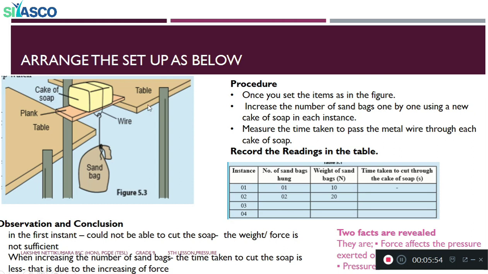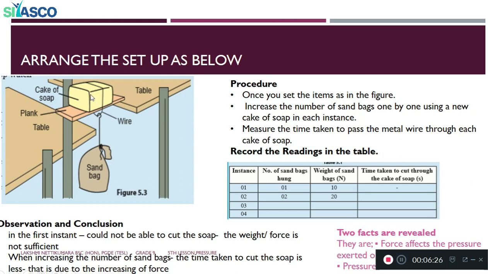So, when you look at the procedure, once you set the items as in the figure, first you have to hang one sandbag weighing 10 Newton. When you hang this, start the stopwatch and measure the time taken to cut the soap by that weight. In the second instance, remove this. You cannot use it again.